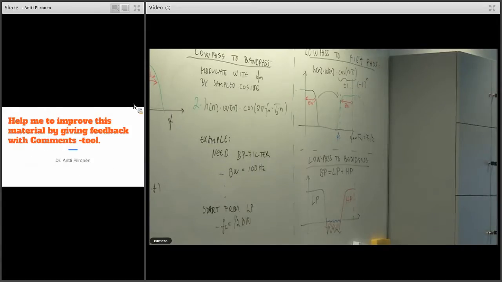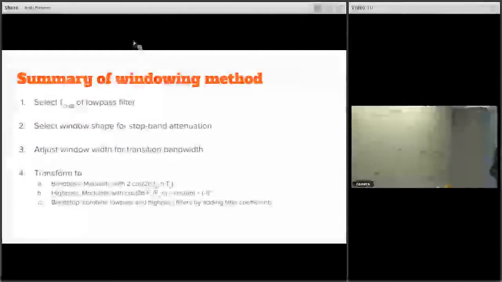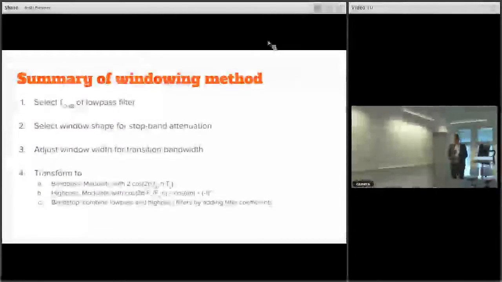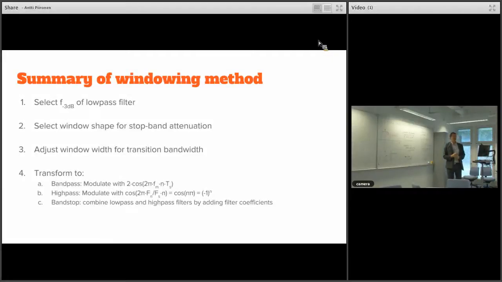There's also a summary. So basically every filter design starts by making a proper low-pass filter, thinking of what would be the minus 3 dB or the cutoff frequency or the bandwidth of the low-pass filter. If we are designing a high-pass filter, then we must actually start from that bandwidth, designing the low-pass filter bandwidth. Or here on the band-pass filter, this one is double the low-pass filter bandwidth.